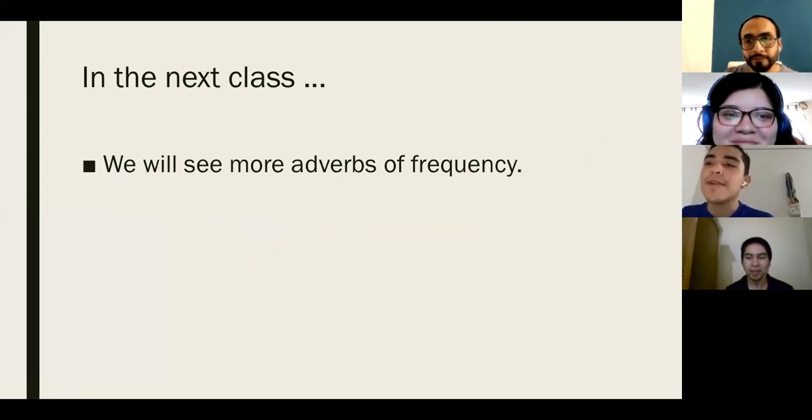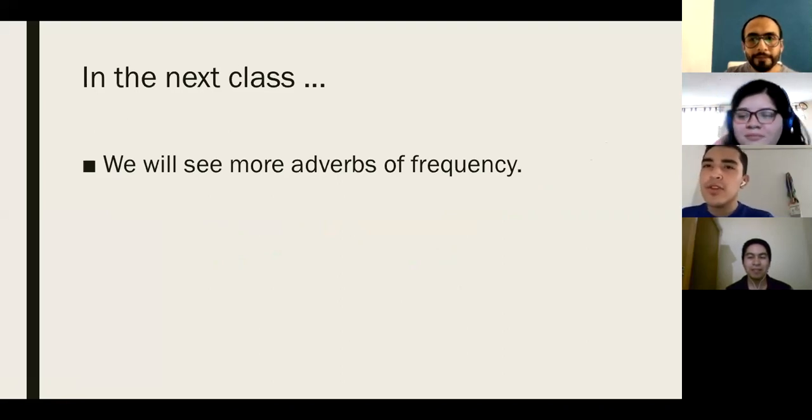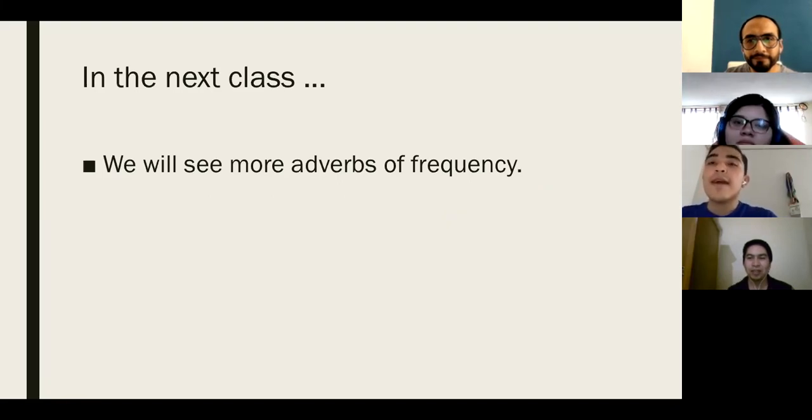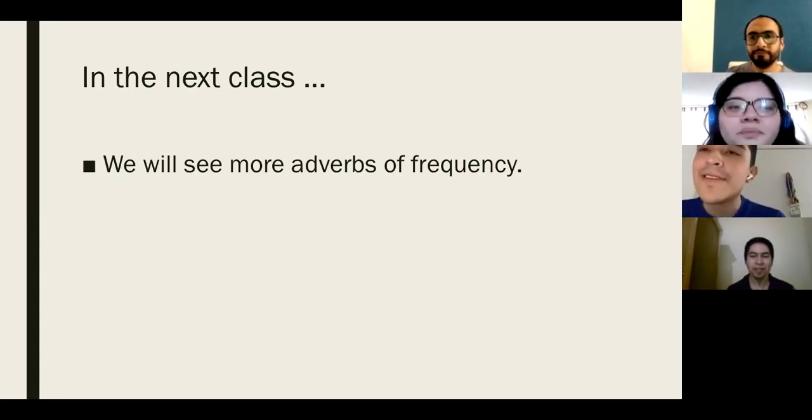Like Pepe said before, we can see a little bit of confusion, but do not worry. We will practice more in the next class, and we will see more adverbs of frequency. These adverbs are very essential to use when you are speaking on your daily life. Okay, so that is for today. Thank you for being here, and we will see you in the next class.